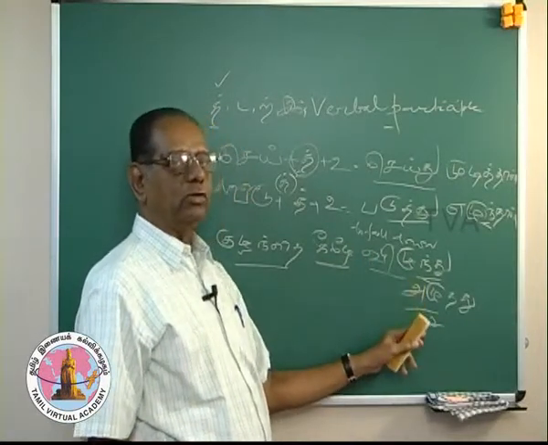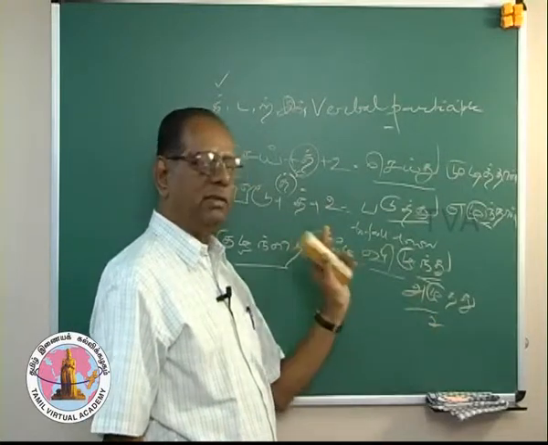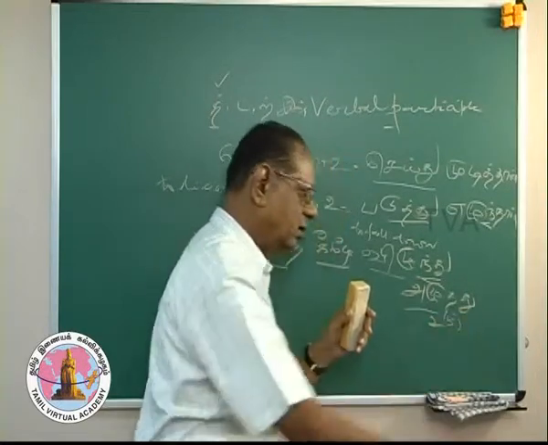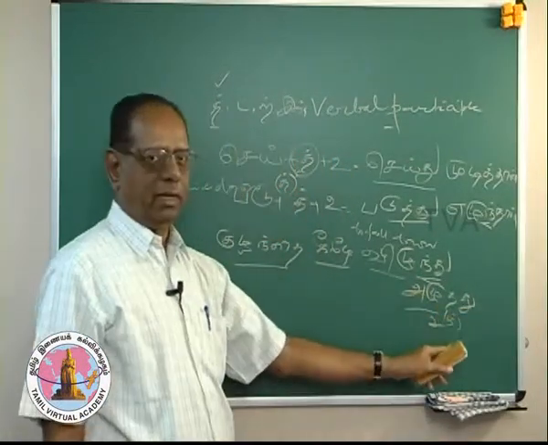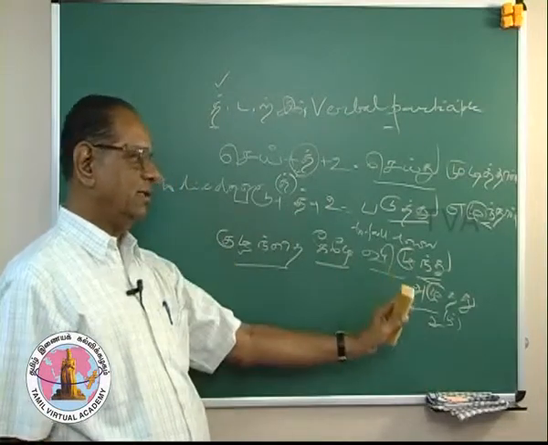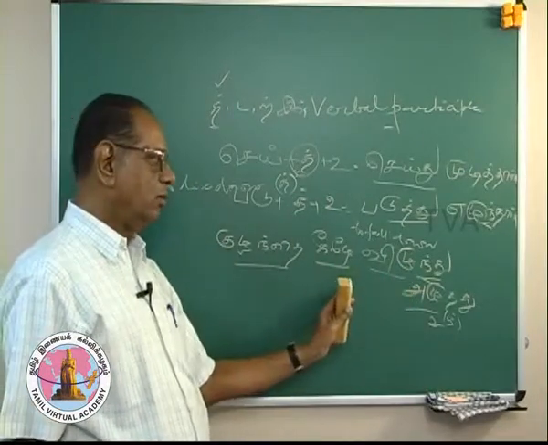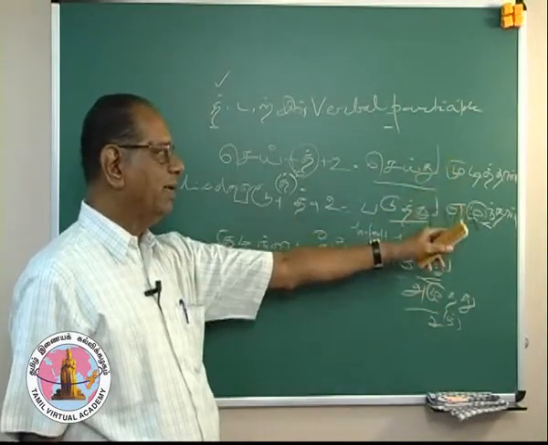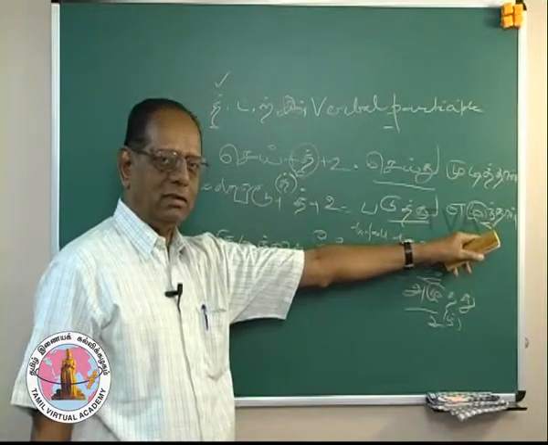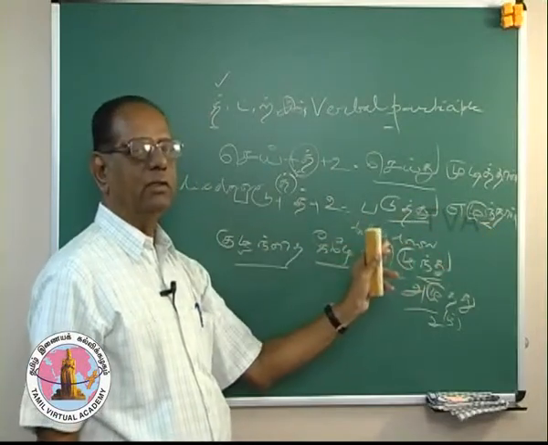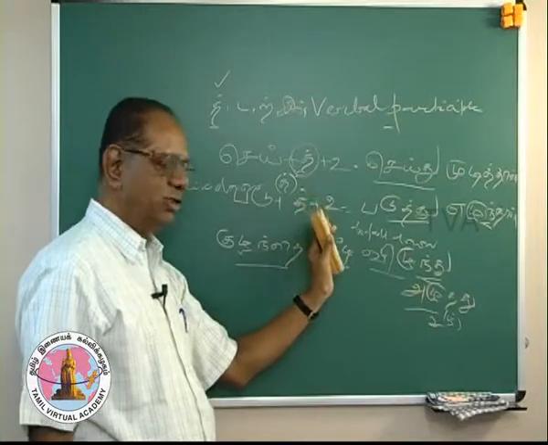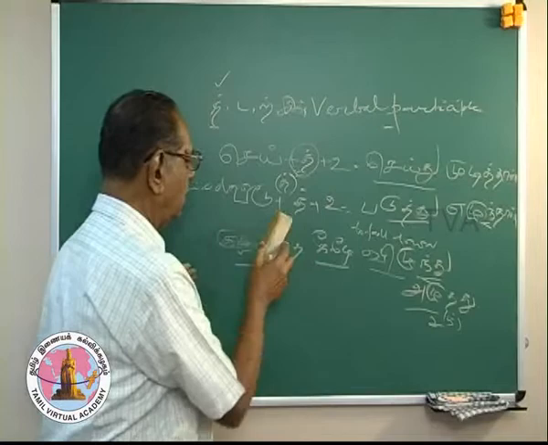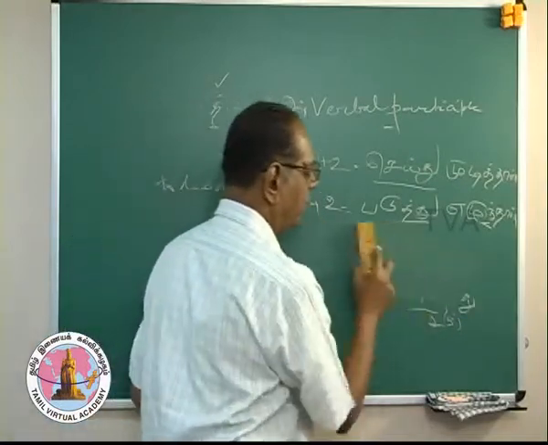Here, alu is to cry, adu is third person singular neuter gender, and you have it with the past tense marker. So, in this sentence, you have a verbal participle in the past tense. I have been giving examples in the past tense so that you will be familiar with the first part of it and the second part of it, that is the verbal participle.